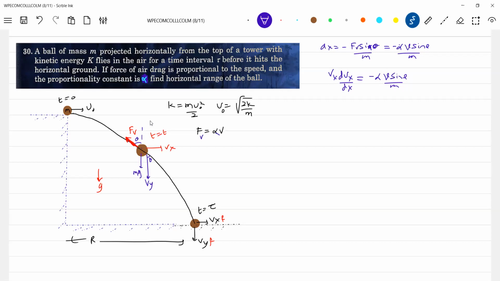The speed of the particle is v, so vx should be equal to v sine theta. Simple problem. The only thing is we should take care of the mathematical conditions very clearly. So minus alpha by m, this will be dx.